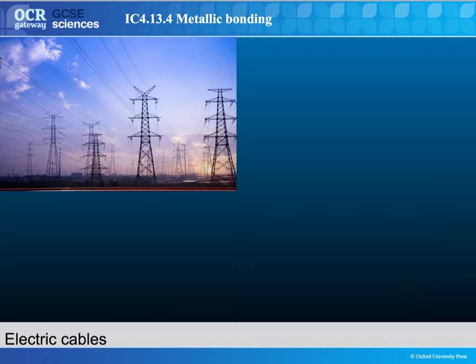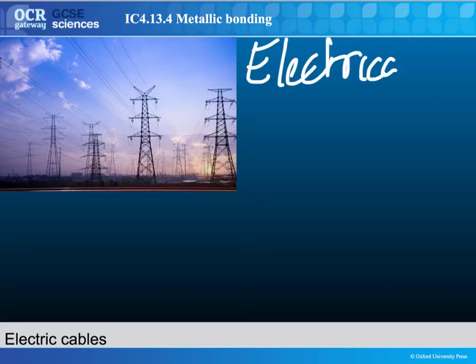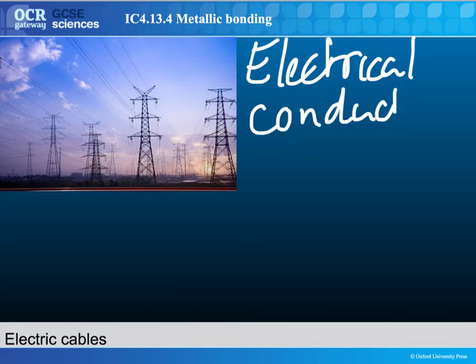So focusing on the electric cables, the sort of things you'd be looking for would be electrical conductivity. Electrical conductivity might lead you to a metal like copper. However, copper is quite corrosive, so you might not want to use that one.